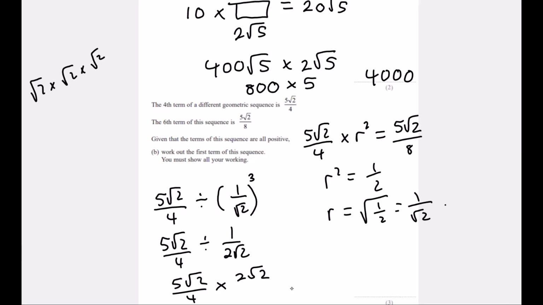And then we'll just multiply this, so 5 times 2 is 10. Root 2 times root 2 is 2. So 10 times 2 over 4, 20 over 4 is 5. So the first term was 5.